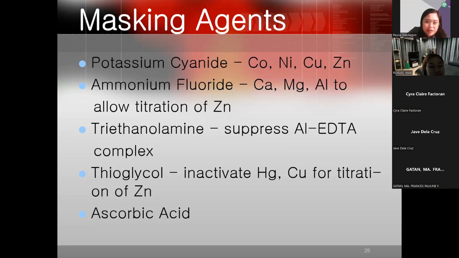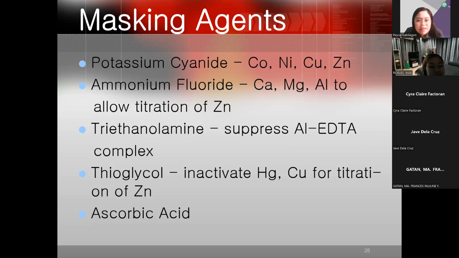While ammonium fluoride can mask calcium, magnesium, aluminum, and that is to allow titration of zinc. Okay, so again, if we want to analyze zinc and it is in a sample together with other metals, especially calcium, magnesium, and aluminum, then we may add ammonium fluoride for them not to interfere with the titration process.